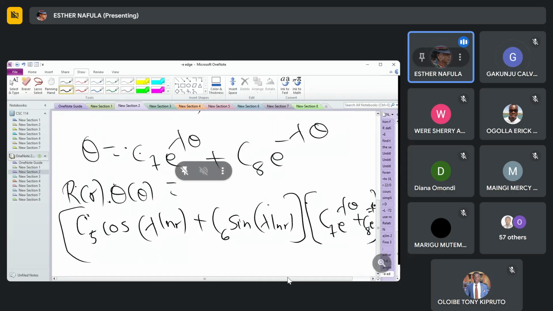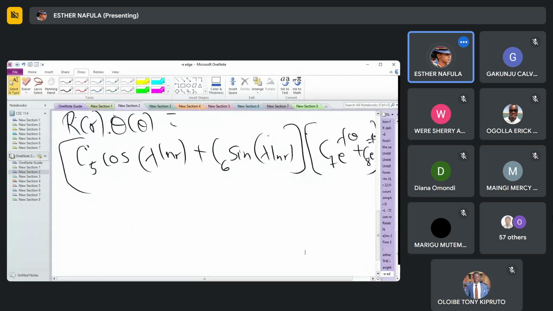Yes. So we go to case 3 where k is equal to 0. Case 3, k equals 0. Equation 1 becomes r squared R double prime plus r R prime equals 0.